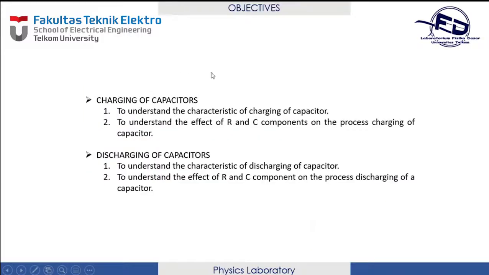So this module is divided into 2 submodules, which are charging of capacitors and discharging of capacitors. On the first objectives, which is charging of capacitors, the objectives are to understand the characteristic of charging of capacitor, and the second one is to understand the effect of R or resistor and C capacitor components on the process of charging of capacitor.